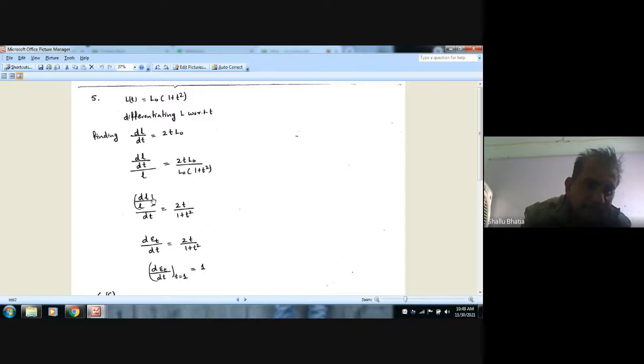So dL by L is true strain and d epsilon t by dt is the strain rate. Putting the value of L equal to L naught into (1 plus t square), we get 2t by (1 plus t square). Now at time t equal to 1 minute, the strain rate will be 2 by 2, which is 1.